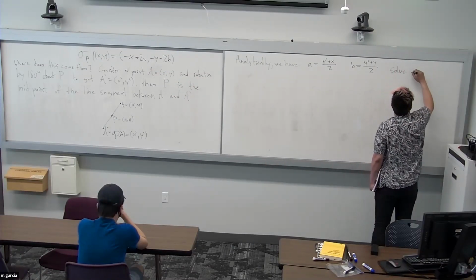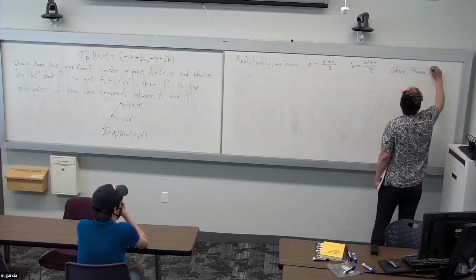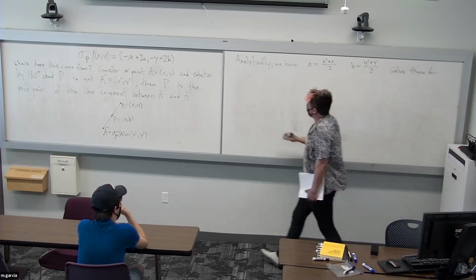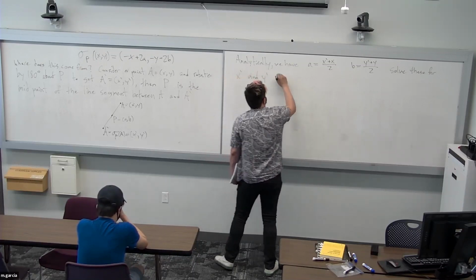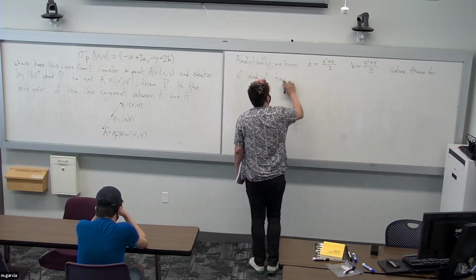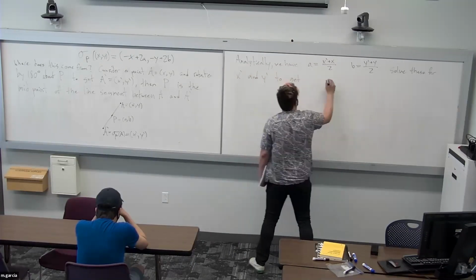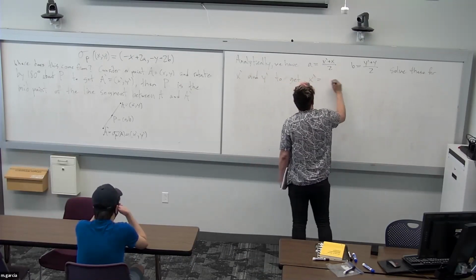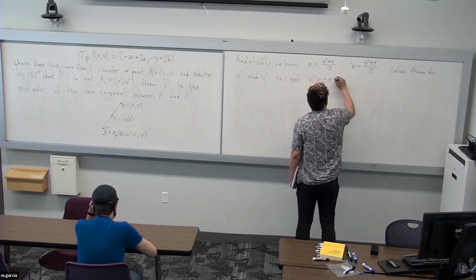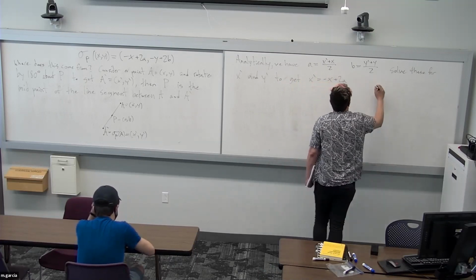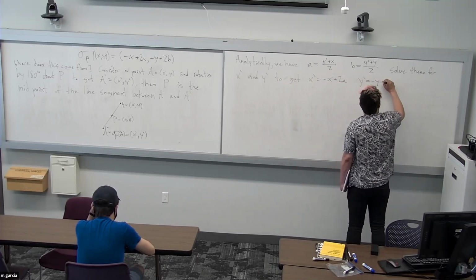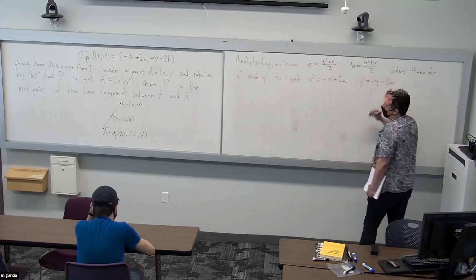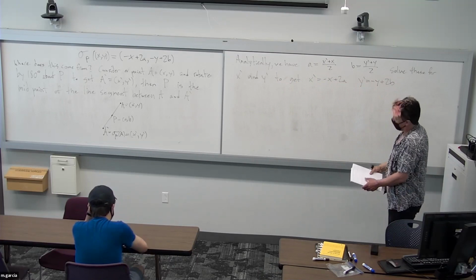We'll solve these for x prime and y prime to get x prime is negative x plus 2a, and y prime is negative y plus 2b. Okay?